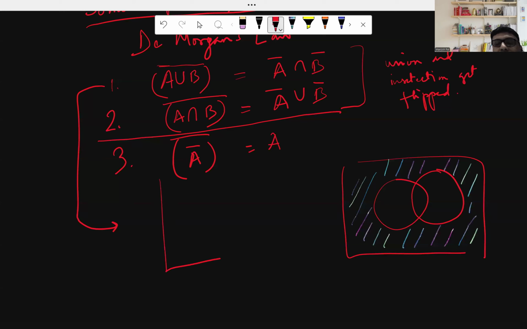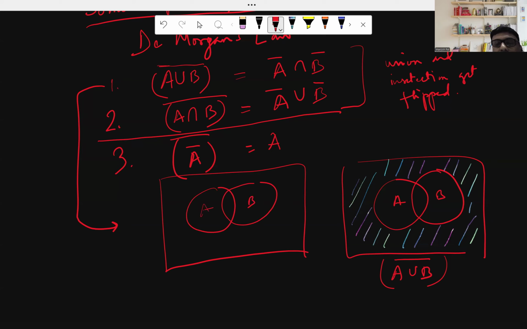And if I look at this as A union B complement, and I want to look at A complement intersection B complement, A complement is everything which is outside A, B complement is everything which is outside B, and their intersection is exactly this region.